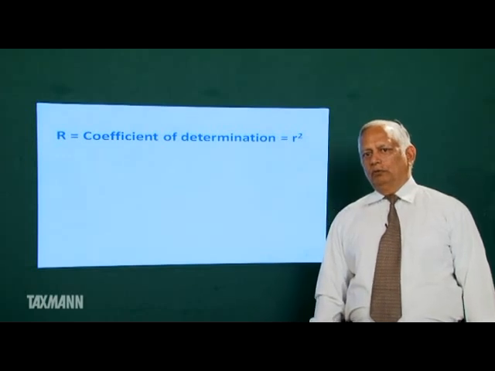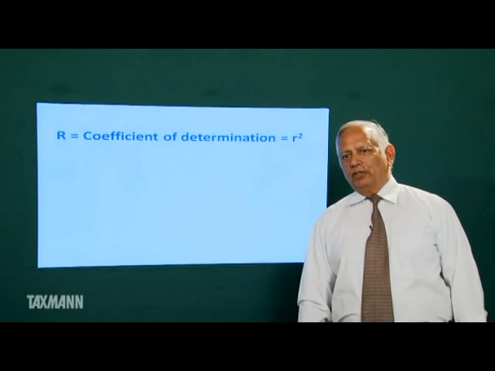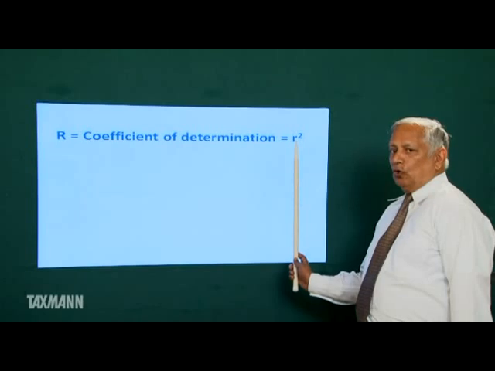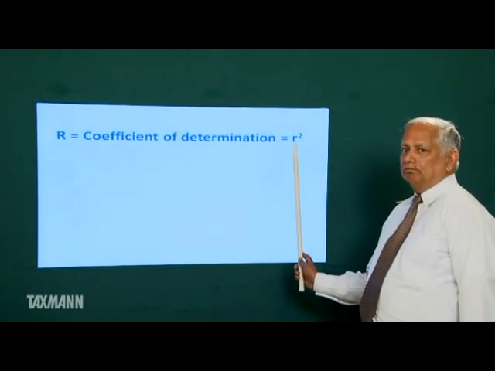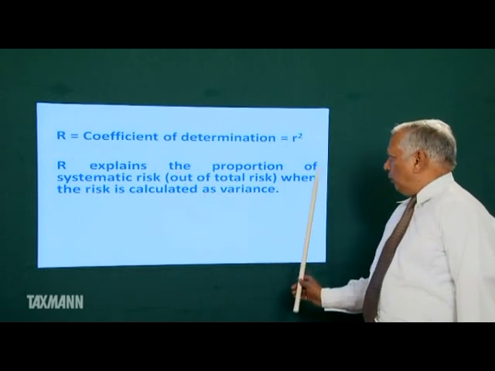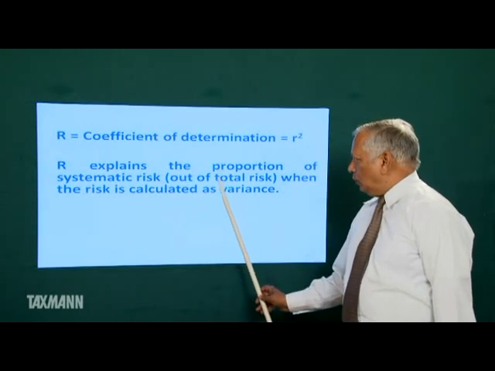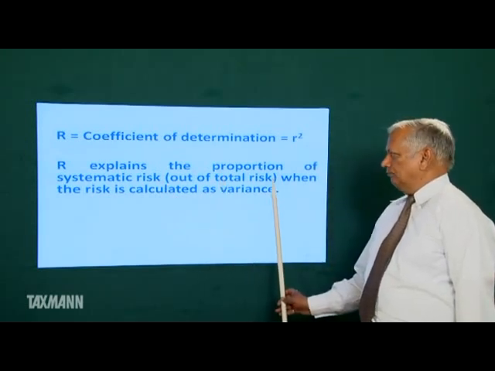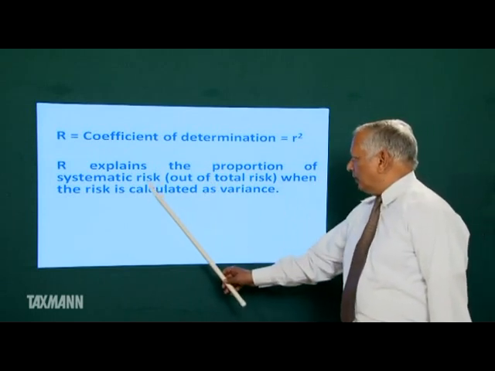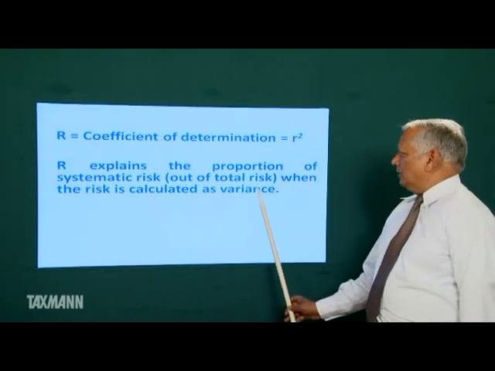Capital R is equal to coefficient of determination, that is small r square, that is square of coefficient of correlation. R explains the proportion of systematic risk out of total risk when risk is calculated as variance.